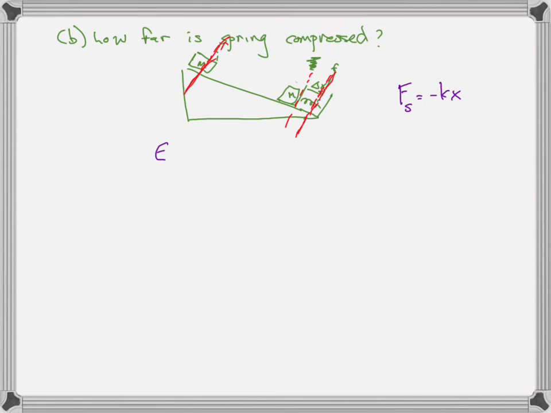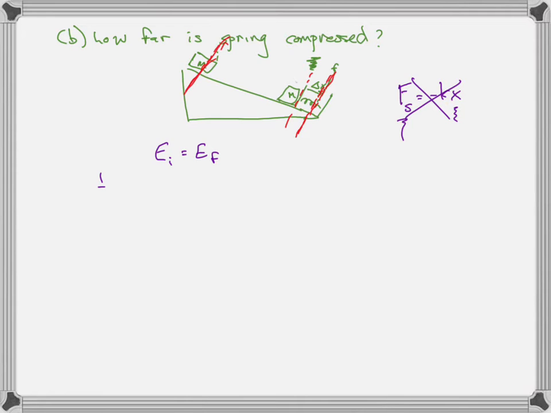So the acceleration is not constant, and we generally don't solve Newton's second law problems when the acceleration is not constant. So this is an energy problem: E_i equals E_f. And the question is, which positions are we going to choose?